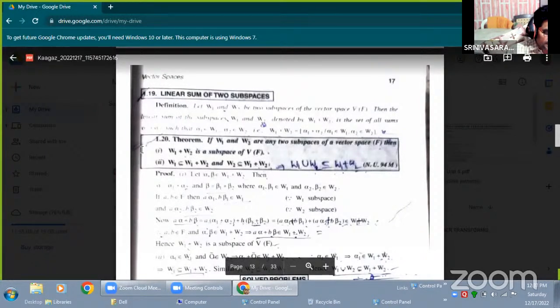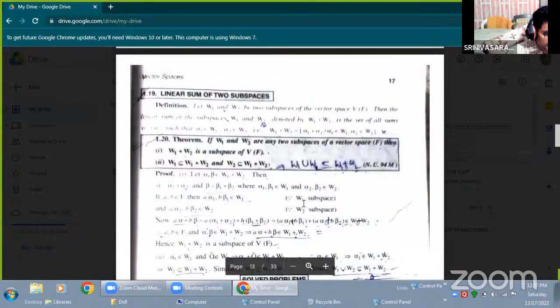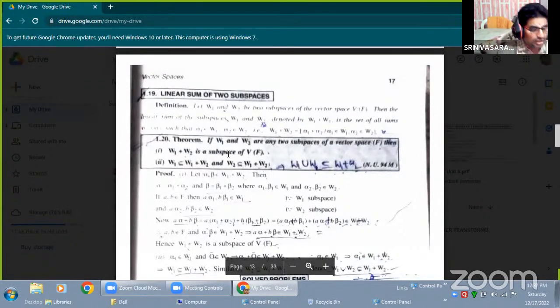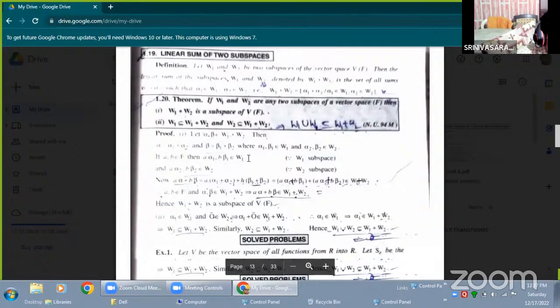This theorem is also very important in further sessions. Observe the statement: W1 and W2 are any two subspaces of a vector space V of F. First, the sum of the subspaces, the linear sum, is a subspace of V of F. Second, W1 is contained in or equal to the sum of the subspaces, W2 is contained in or equal to the sum of the subspaces, and W1 union W2 is contained in or equal to the sum of the subspaces. See and refer to the proof.